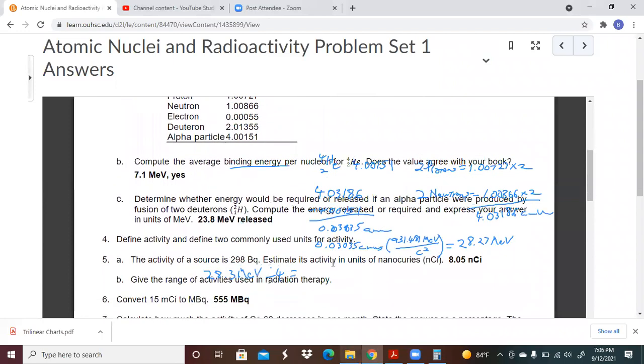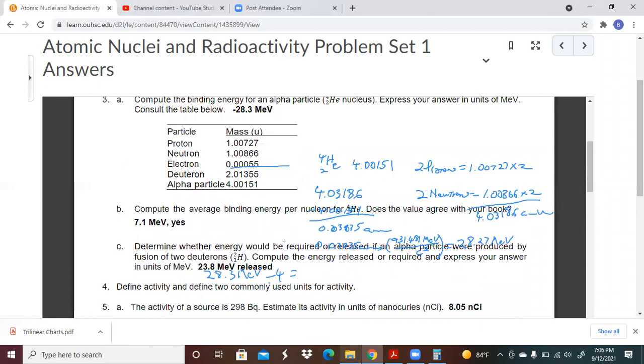All right. The last part of this is determine whether energy would be required or released if an alpha particle were produced by the fusion of two deuterons. In other words, you take these two and you throw them together. Compute the energy released or required and express your answer in units of MeV.